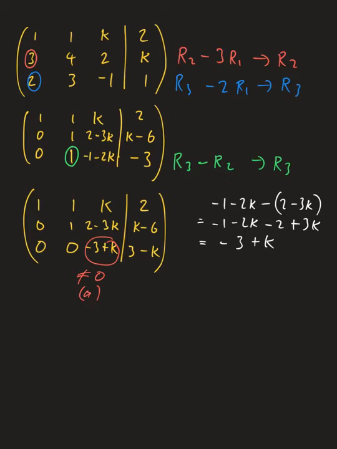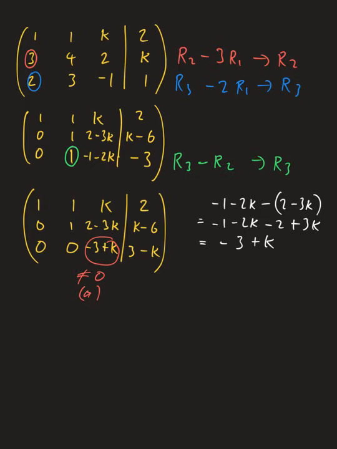Remember that for there to be no solution or infinite solutions, I'd have to have all zeros on the left side there. If I had all zeros in the whole row, that would be an infinite set of solutions. If I had all zeros on the left and something non-zero on the right, then that would be no solution. But either way, to have a unique solution, that cannot be 0 there on the left.